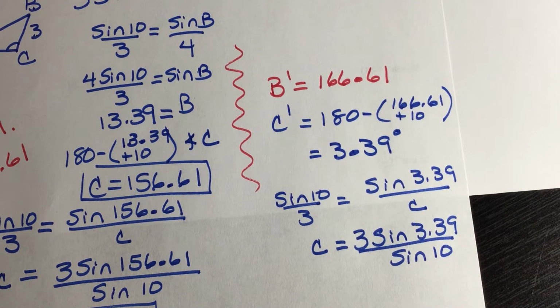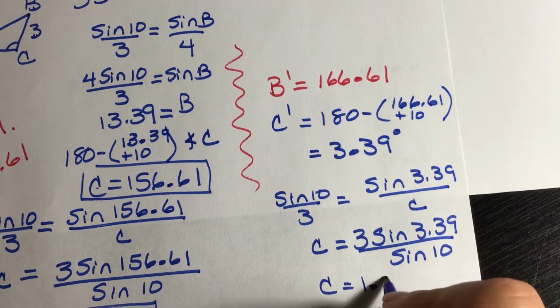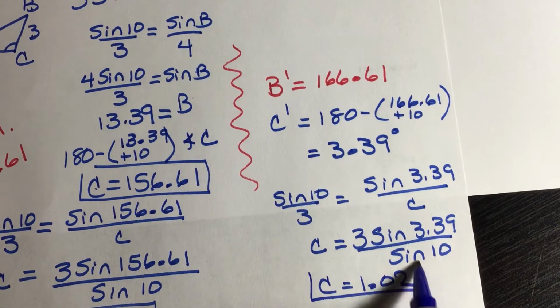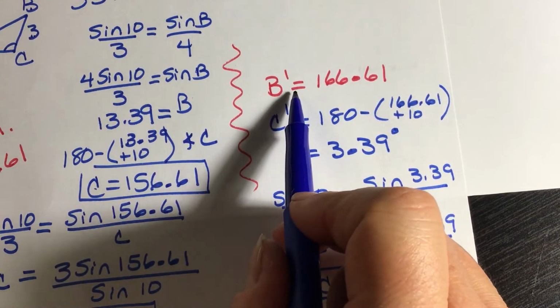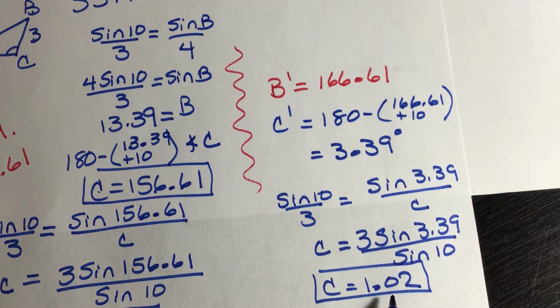Oops, let me do that again. 3 times sine 3.39 divided by sine 10. And I get 1.02. Okay, so if my angle B were 166, the length of side C has to be 1.02.